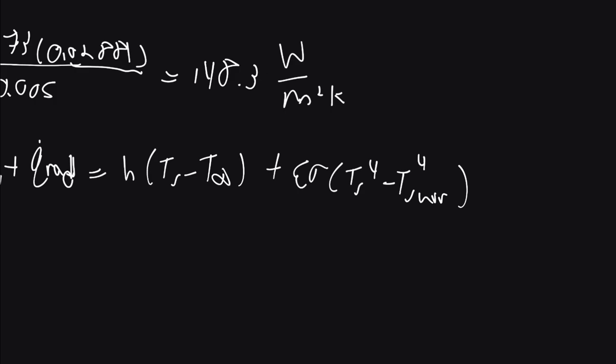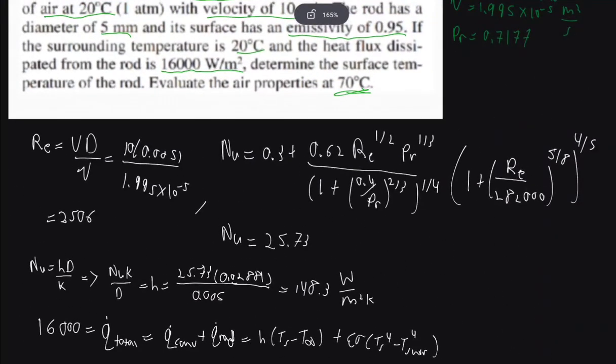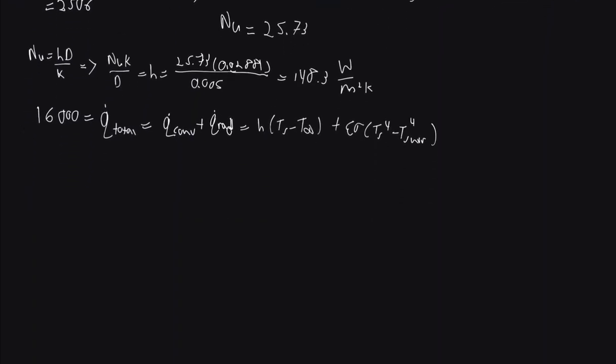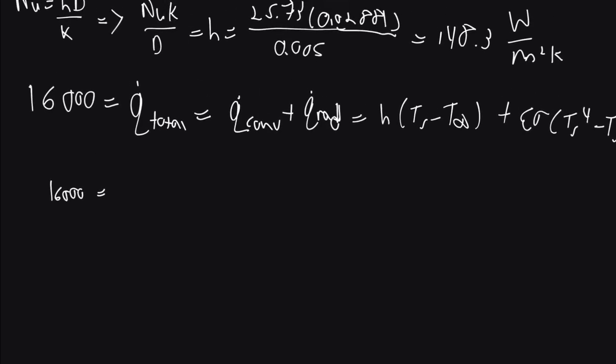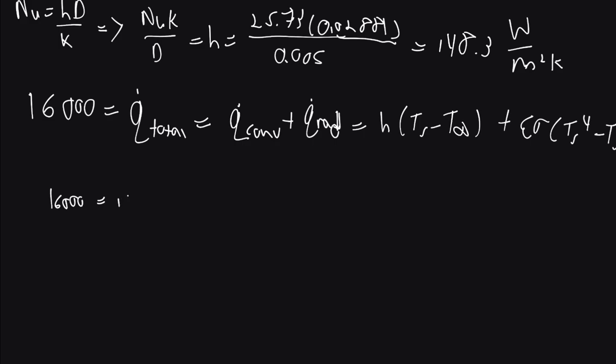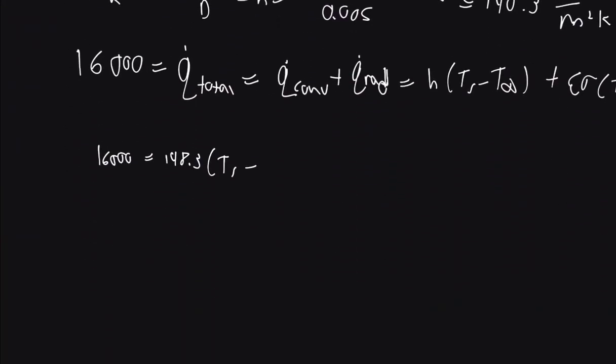Great. So the goal is to solve for the surface temperature of the rod, that's Ts. 1600 is equal to h, which we just calculated, 148.3, times Ts, which we don't know, minus T infinity, the air temperature, 20 degrees C. But because there's radiation, I'm going to keep everything in Kelvin.